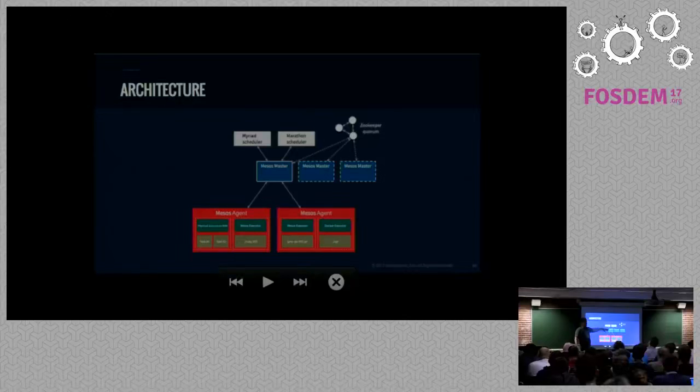They are separated by this layer of Mesos, by the Mesos masters, from the underlying hardware. So those schedulers don't see the entire infrastructure. They only see the subset which is provided by the Mesos master. And that makes it very flexible and independent to failure.